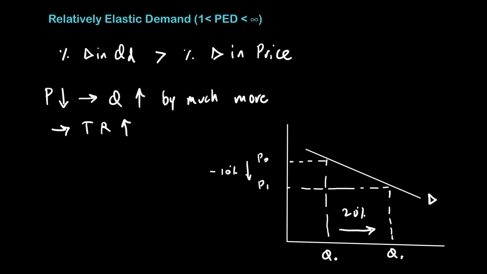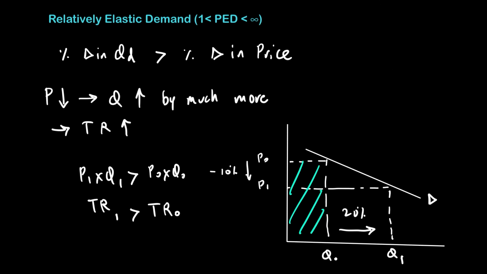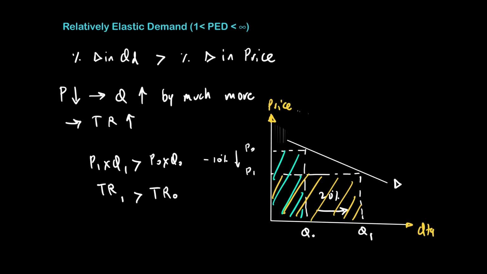And because of this, the rectangle P1 times Q1 is greater than the rectangle P0 times Q0. In other words, total revenue after, which is TR1, is greater than total revenue before, which is TR0. So this rectangle will be smaller compared to the rectangle P1 times Q1. And so if you're a producer of an elastic good, you are better off lowering your price in order to increase your total revenue.